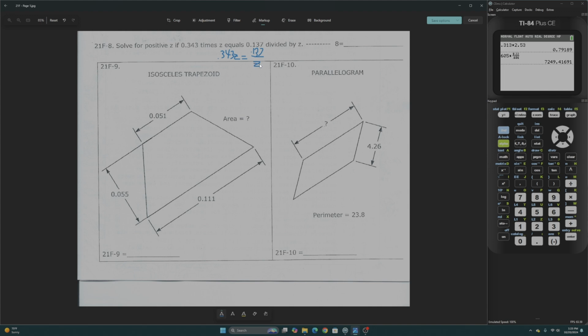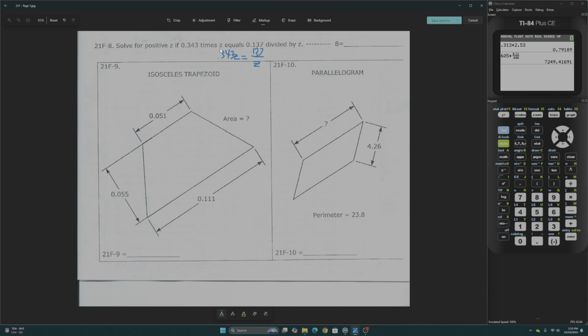If you divide each side by 0.343, then you'll be good. Then if you multiply each side by z, then you'll have 0.137 over 0.343, and then you'll have z squared, right? So take the square root of it.